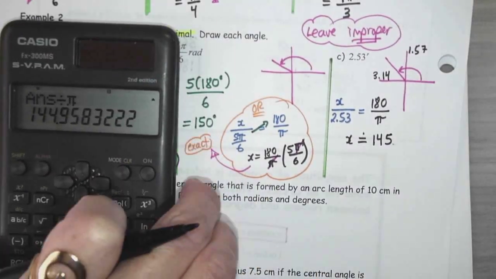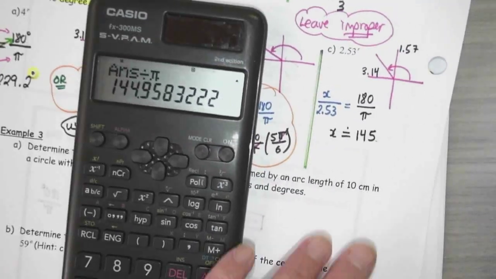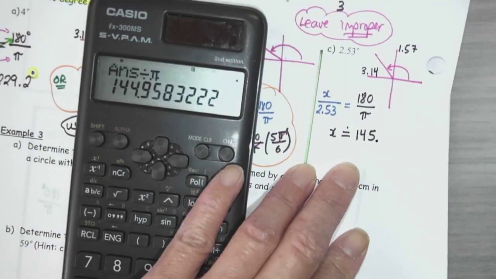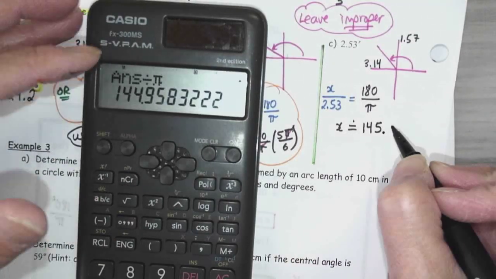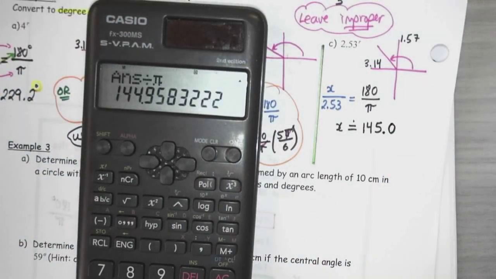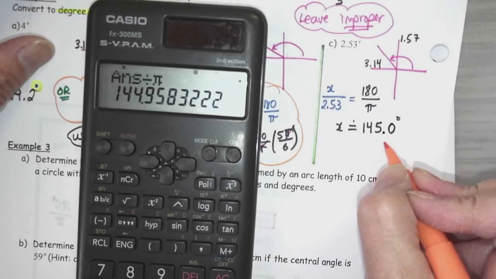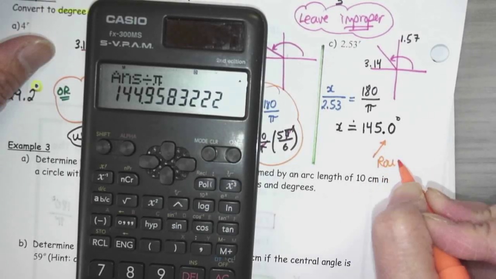Does that make sense? You rounded it to 145, right? And I don't want you losing these little half marks, but you will, right? So if it's exact, this one you rounded it, so I still want the 0 there, because I said to round it to 1 decimal place. So here, I need you to keep this, because this is rounded.